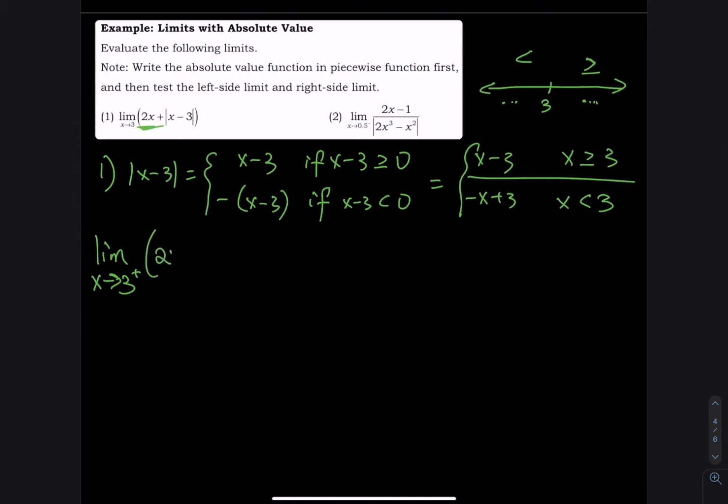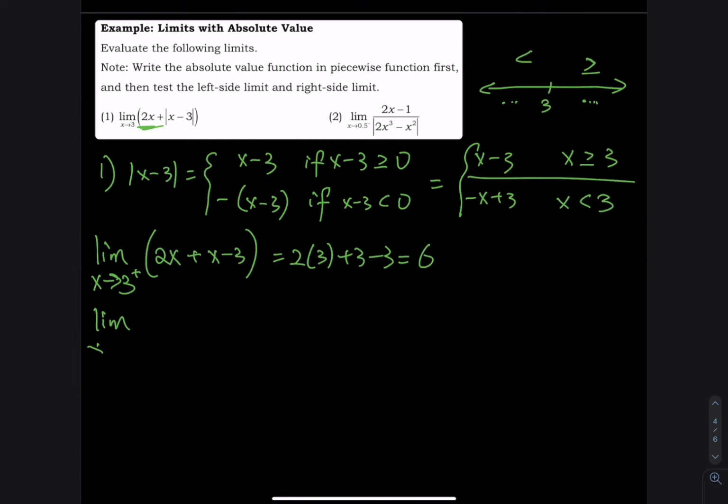So you have 2x, and then you pick that piece, plus x minus 3. So fortunately, we can just plug in, right? If you plug in the 3, you are not going to see anything dangerous like having a 0 in the denominator. So this you can just plug in a 3. So 2 times 3 plus 3 minus 3, that is equal to 6.